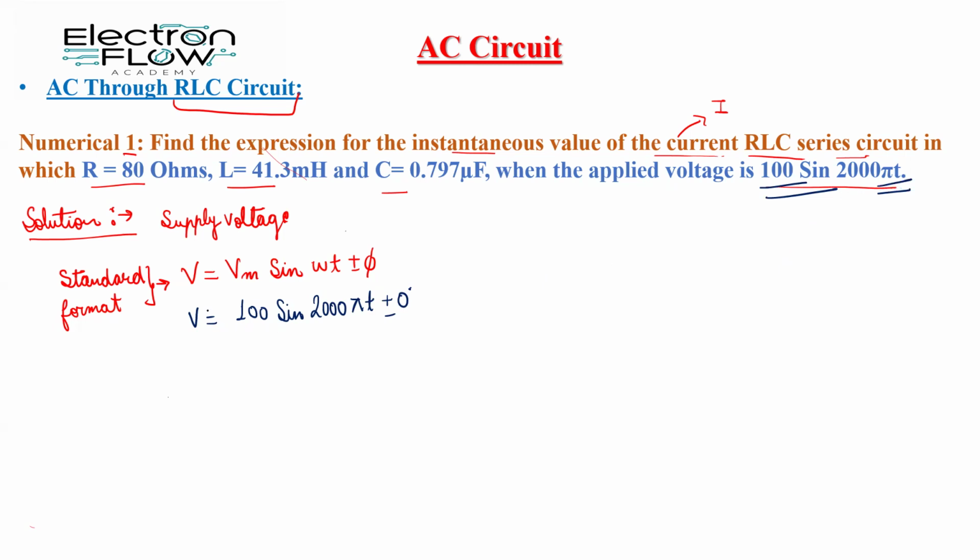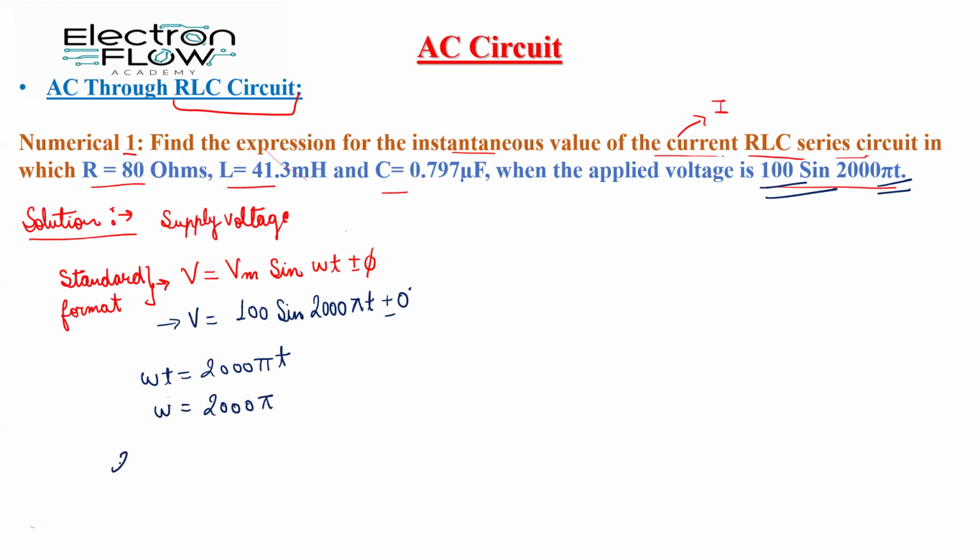So I compare this given voltage equation to the standard one, and I find that omega t is equal to 2000 pi t, or omega is equal to 2000 pi.